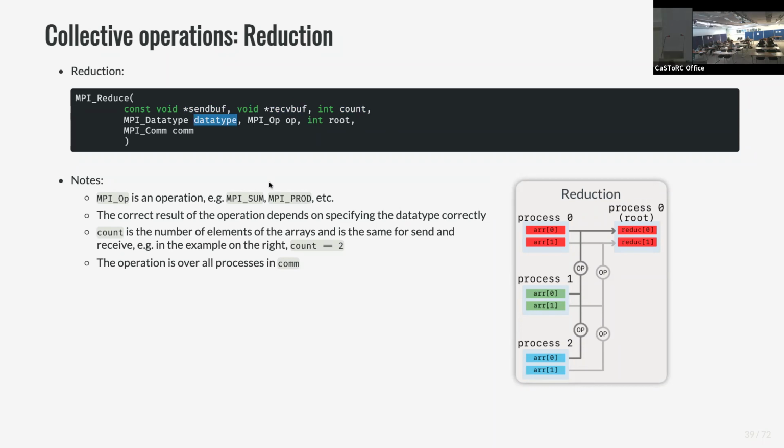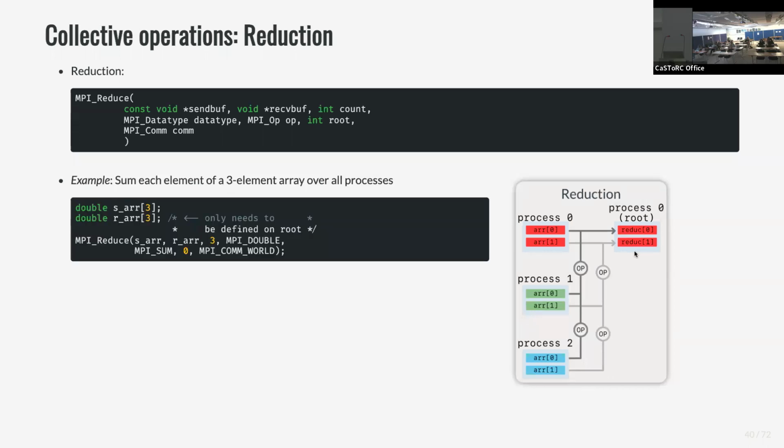As I said, this could be, for example, MPI sum, which means you want to sum the elements over the processes, and then root is the rank of the process where you want this to end up.